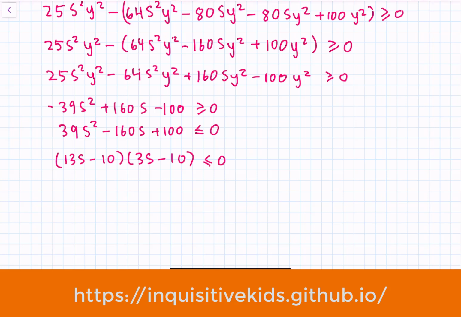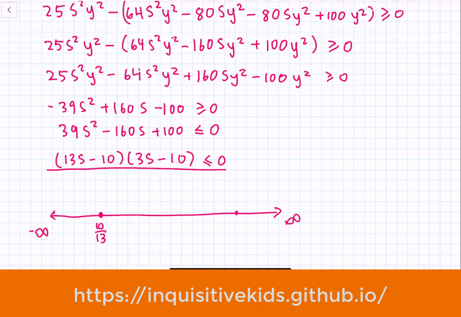So graphing what we have, if we put it on a number line, we will have 10 over 13 here and 10 over 3 here. And those are the values that s is going to be if this expression is equal to 0.